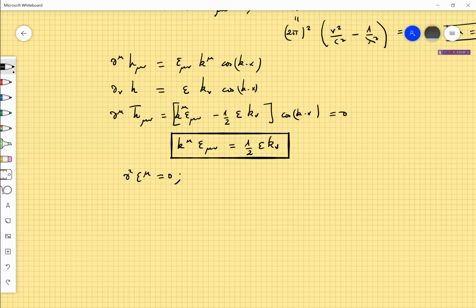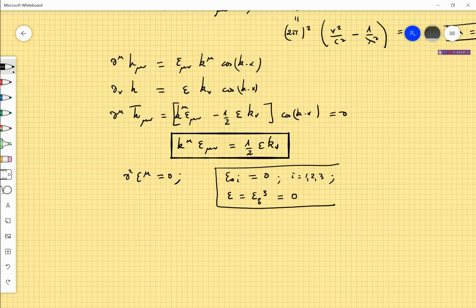Probably you can choose something else, but this has been shown to be very convenient. The choice is that all these components are going to be 0 for i equal 1, 2, and 3, and also that the trace epsilon, which explicitly is epsilon rho rho, is 0. These are 3 conditions and 1 more condition. So these are the 4 remaining conditions, and this leaves us with only 2 independent components in the polarization tensor.